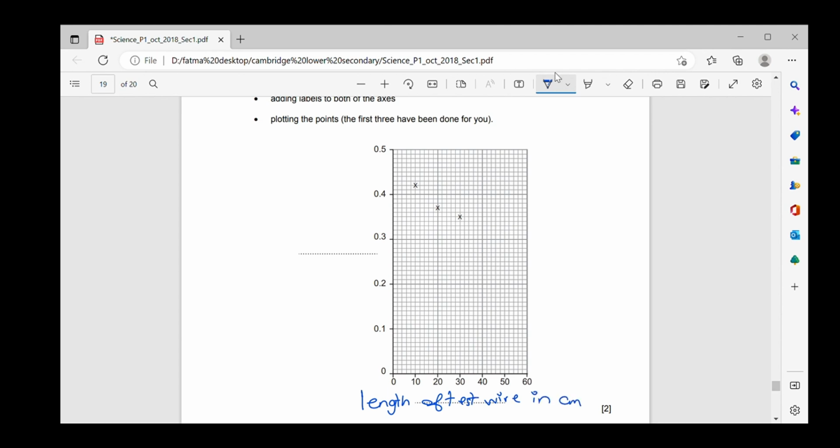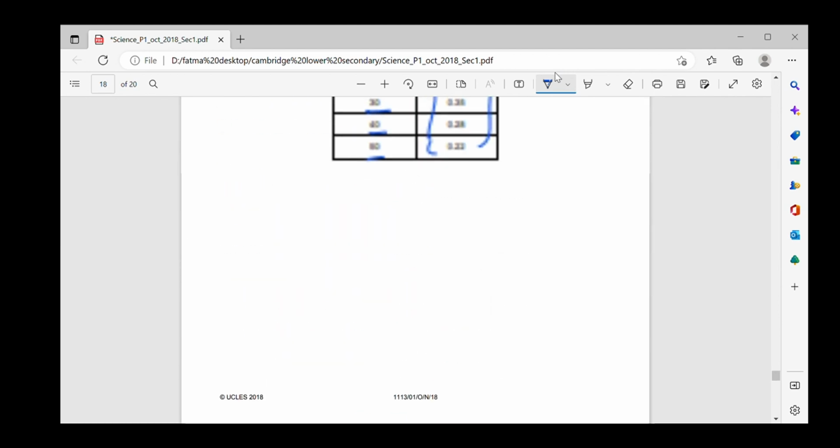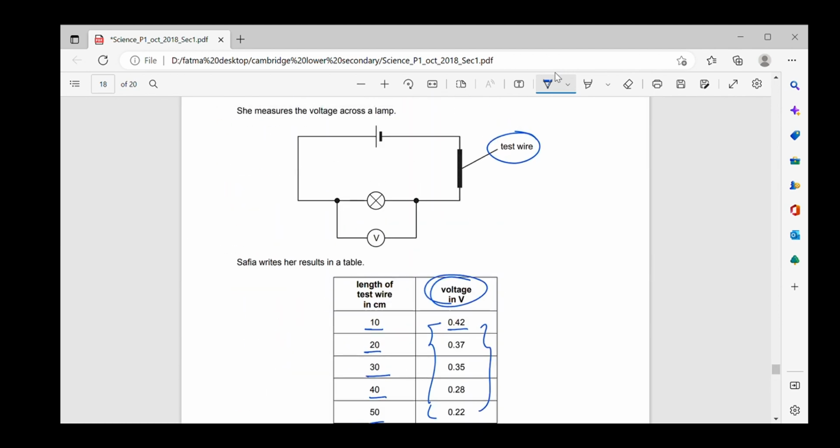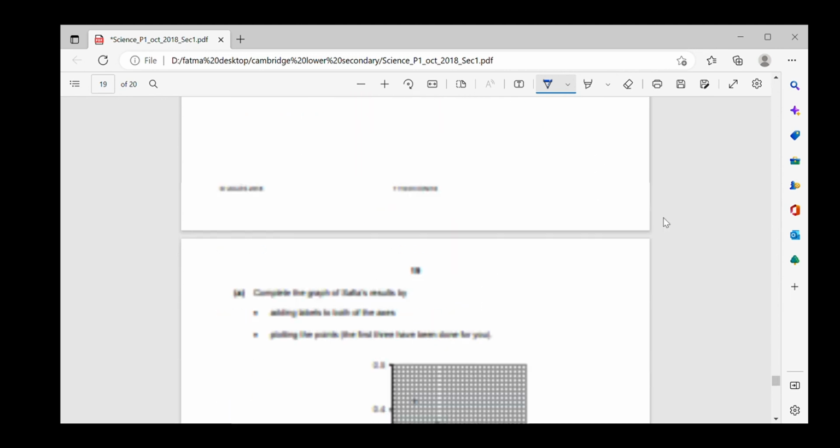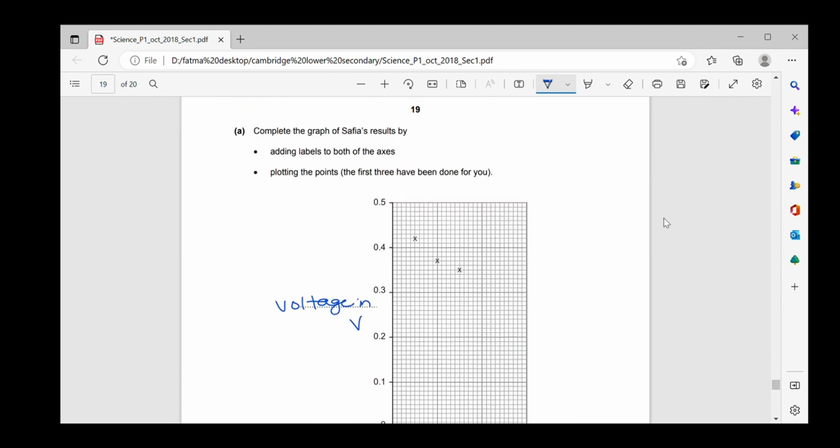Don't forget to write the unit. The y-axis here is the voltage in V. We are just copying from the table the voltage and the length of test wire in centimeter. This is part 1.